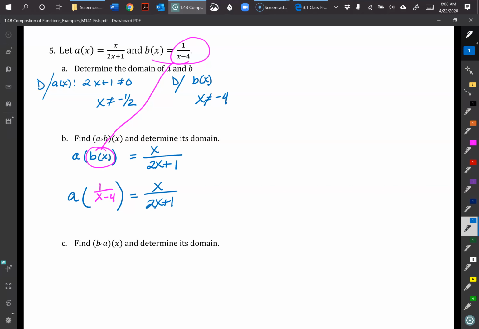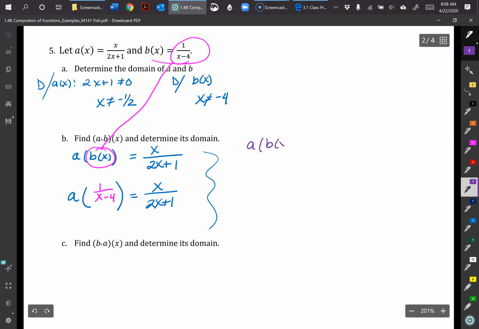So now I'm going to do that off to the side here. We'll have a of b of x equals 1 over x minus 4. So I'm plugging in for this x here.